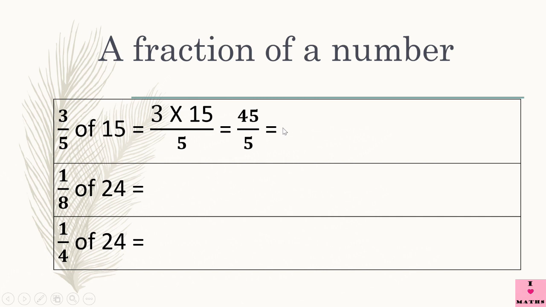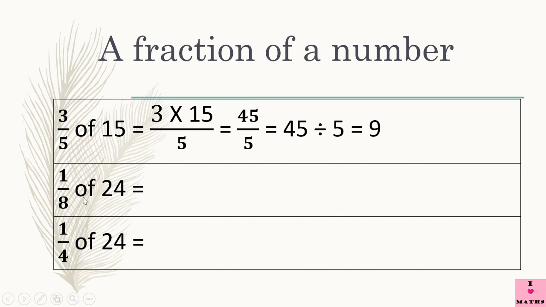This is equal to 45 divided by 5, which gives us a quotient 9. Now 3 upon 5 of 15 or 3/5 of 15 is 9.